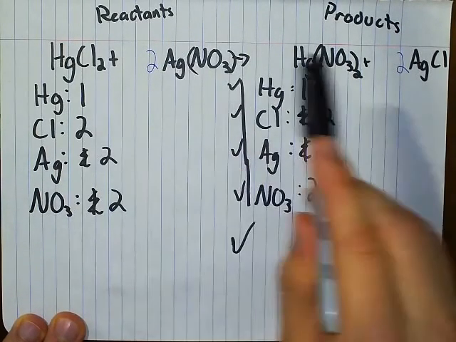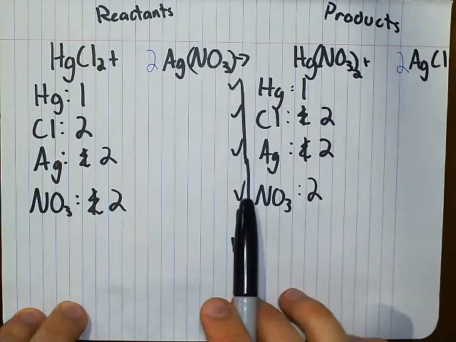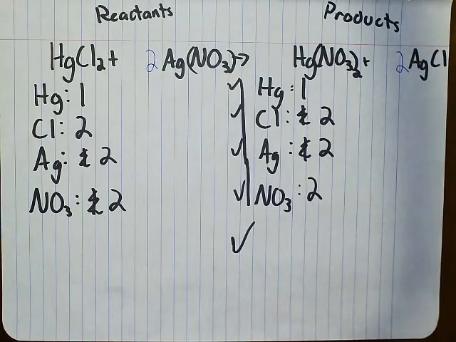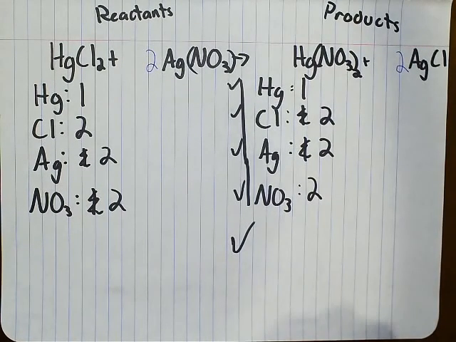So this is how the reaction actually functions in the real world. It takes 1 molecule of this, 2 molecules of this to get us 1 molecule of this and 2 molecules of this.